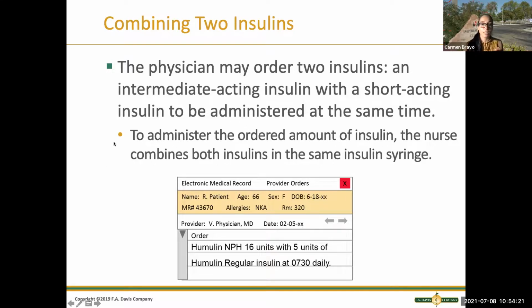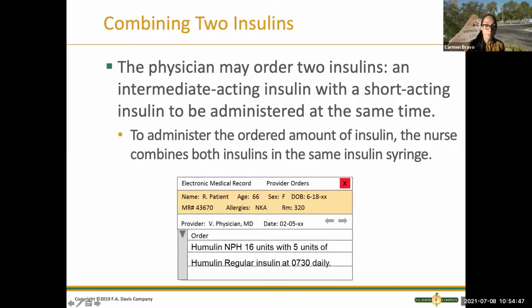And the reason is that the doctor wants, like right here, he put Humulin regular at 7:30 daily. And then it says NPH, which is the intermediate acting, 16 units. And then 5 units of Humulin R. So what the doctor is doing is giving 5 units of insulin for when the patient starts eating breakfast.